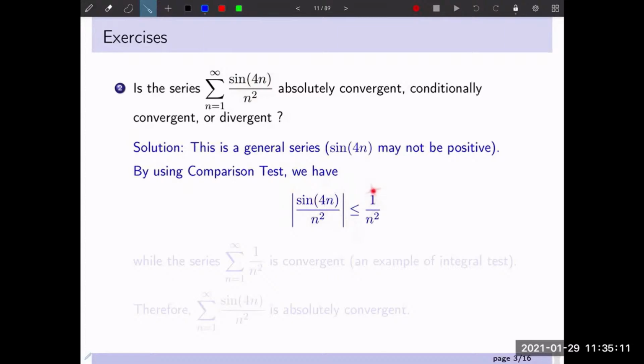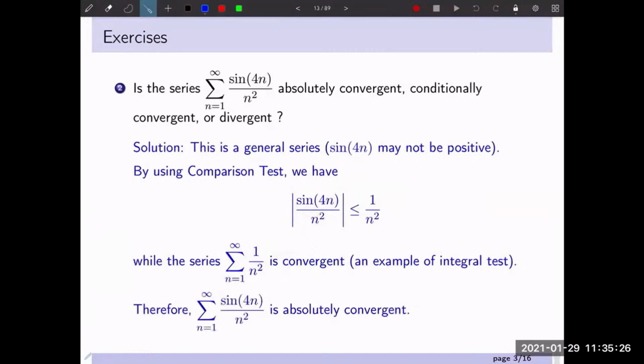The absolute value. So this is always smaller than 1 over n squared. While the bigger series, you know it is convergent. There is an example in the lecture notes that this series is convergent. So the smaller series must also be convergent. And since the absolute value series is convergent, the original series is called absolutely convergent. Right?